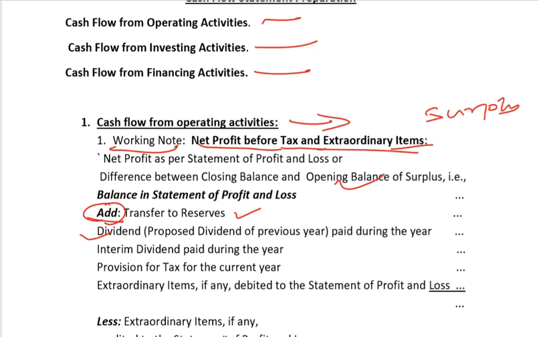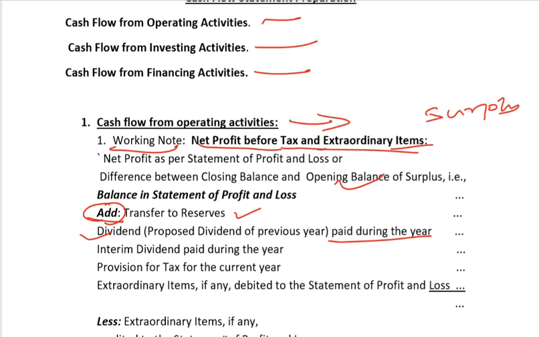Dividend: the proposed dividend of the previous year paid during the year. That means we propose the dividend to our shareholders after getting approval from the shareholders through the annual general meeting. Then only we can show it in our books of account. So the proposed dividend of the previous year and current year we will get.